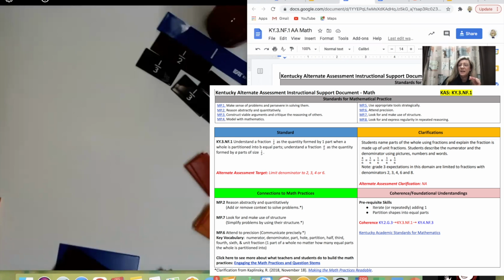And then it's been divided into equal parts. And of course, it's important for the kids to understand that fractions are referring to equal parts of a whole. So the denominator, which is the numeral at the bottom, is limited to a 2, a 3, a 4, or a 6. So halves, thirds, fourths, and sixths. That's what our 3rd graders are working with. So they did limit the denominators.